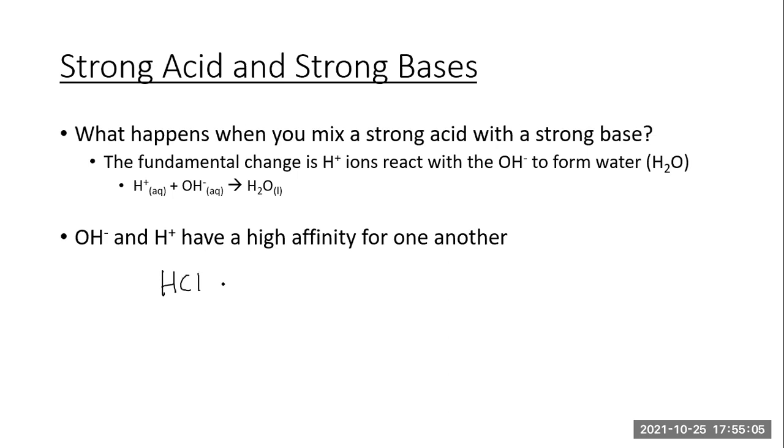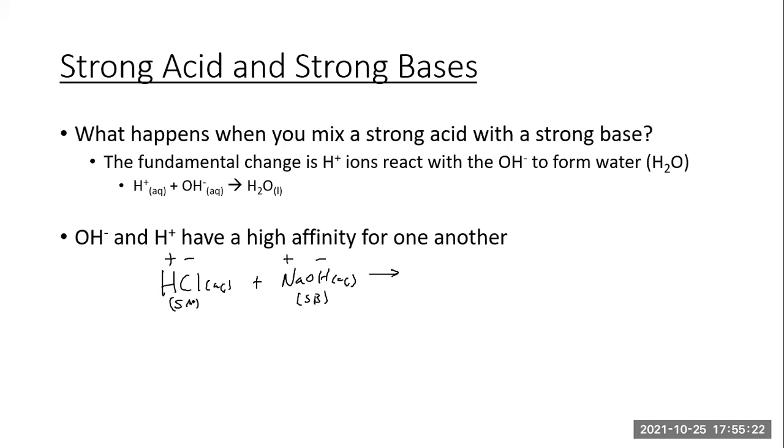For example, if we took hydrochloric acid plus sodium hydroxide, that is a strong acid and a strong base. If you look at this, this is a positive, negative guy, positive, negative guy.